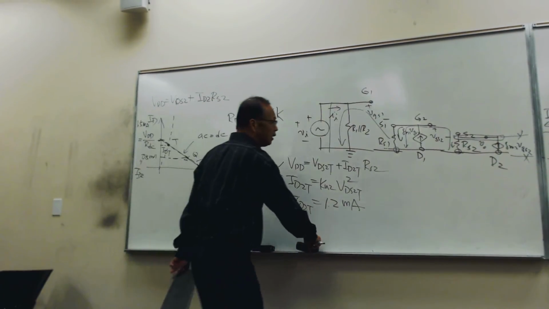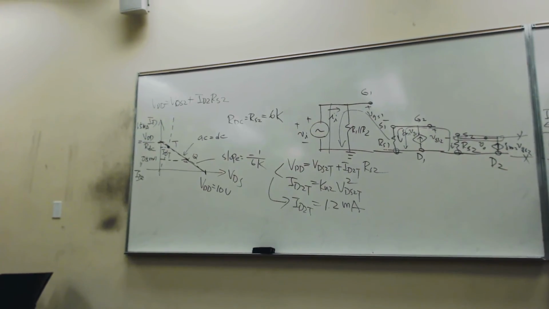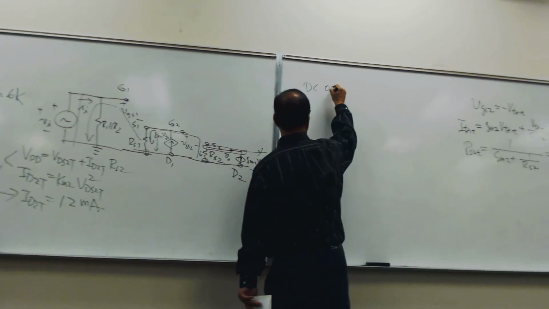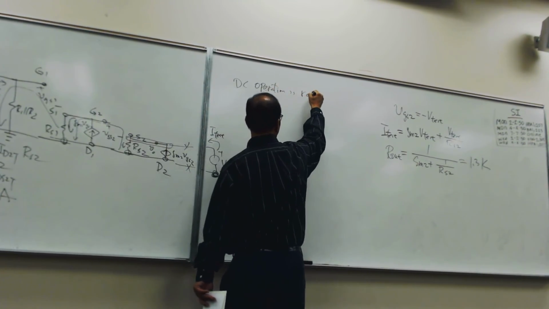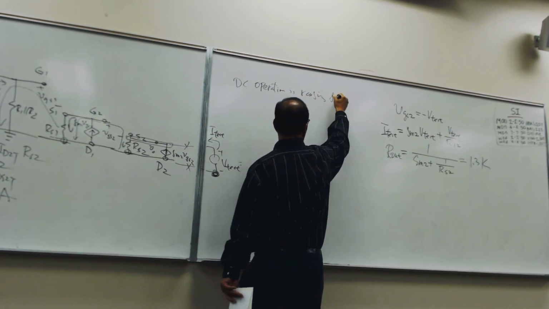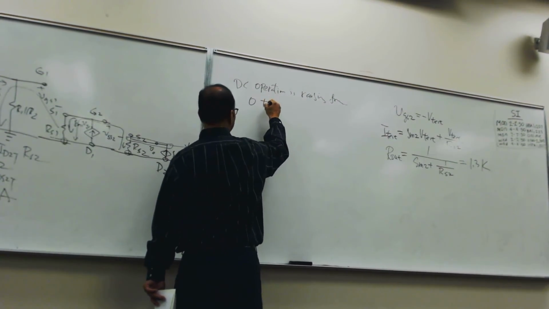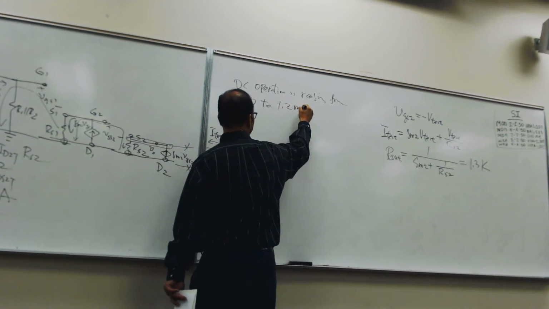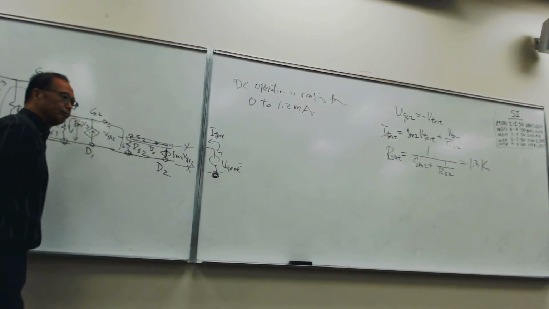So now you can see the DC operation range as far as the drain current is concerned. The DC operation is ranging from 0 to 1.2 milliamp, as far as the drain current is concerned.